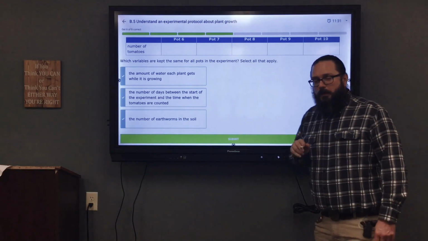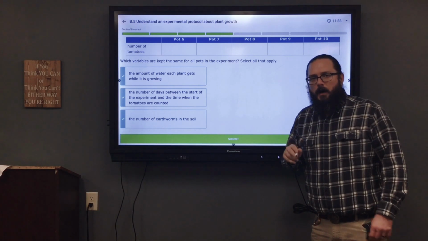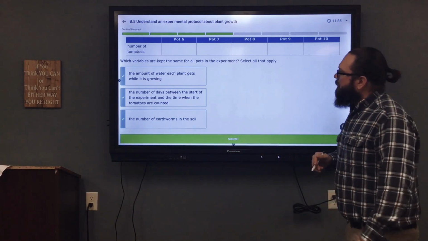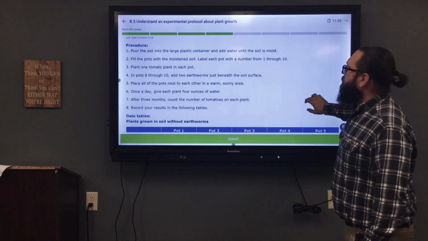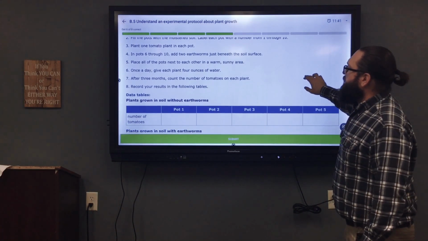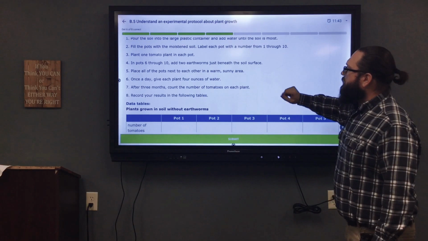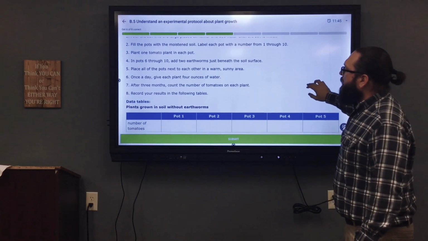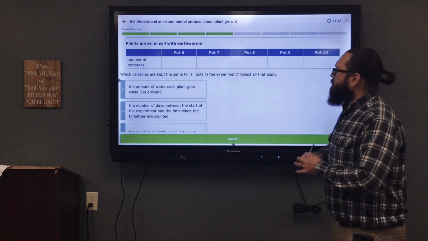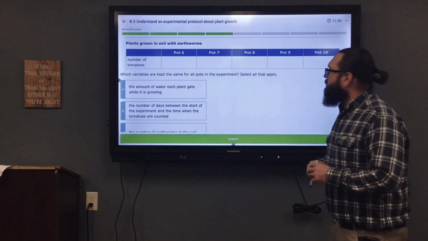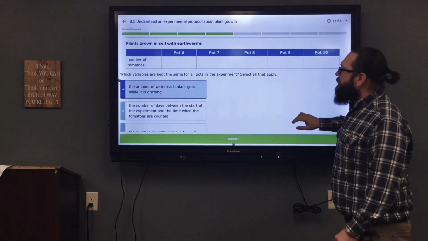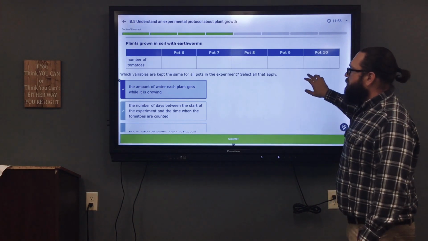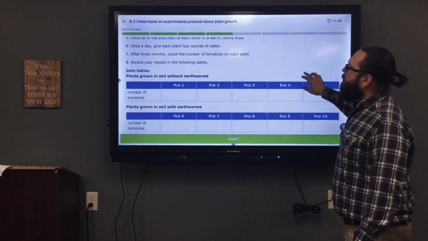So remember, it's talking about all pots, all 10. So the amount of water each plant gets is the same. It says once a day, give each plant 4 ounces of water. So we know that that is a variable that is the same for all. The number of days between the start of the experiment and the time when the tomatoes are counted.